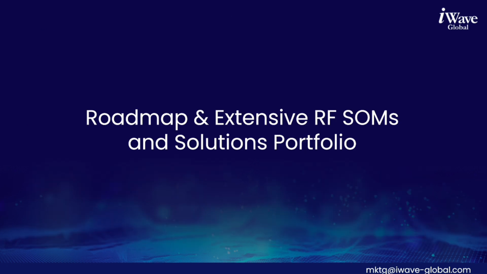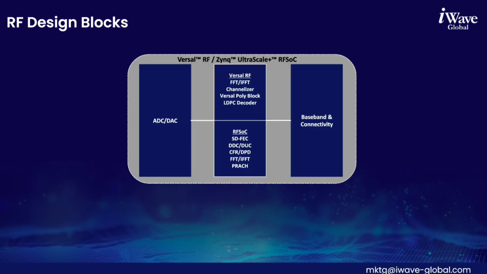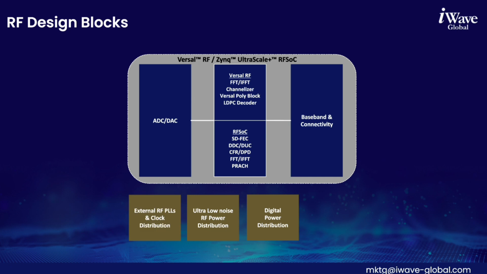So let's quickly go through the iWave RF design parameters. What are the key RF design blocks for the RFSoC or Versal RF? We need digital power distribution, RF power distribution, RF PLL clocks and distribution, digital PLL clocks distribution, and RAM and flash memory for booting and the application.